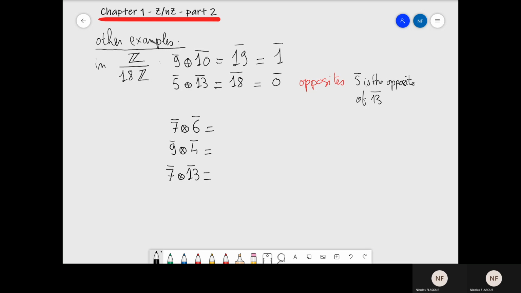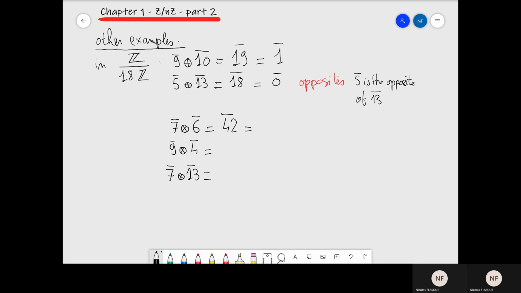So next about multiplication. So we always apply the same rules that we've seen before. Actually, 7 bar times 6 bar is 7 times 6, which is 42 bar.